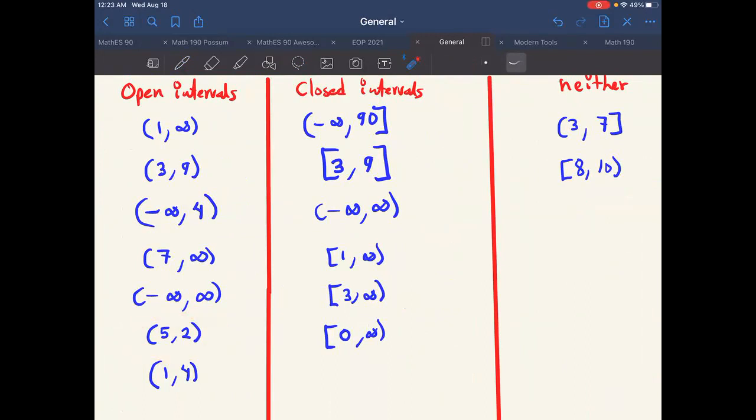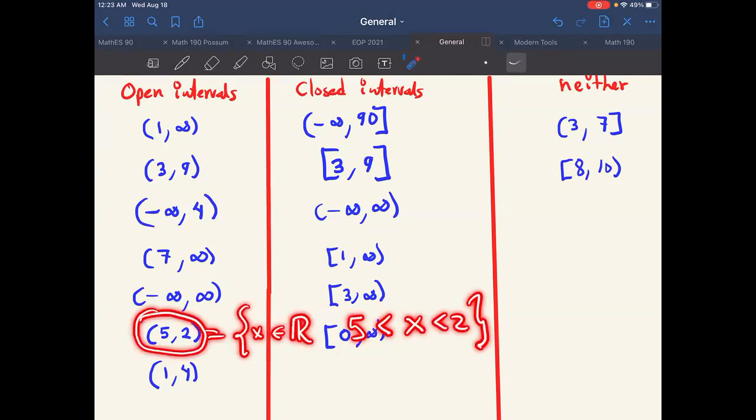Why is that empty, Professor? Because this is, by definition, the set of real numbers that are bigger than 5 and smaller than 2. Therefore, this set is going to be empty. Why? Because there are no real numbers that are bigger than 5 and smaller than 2. Can you find one?